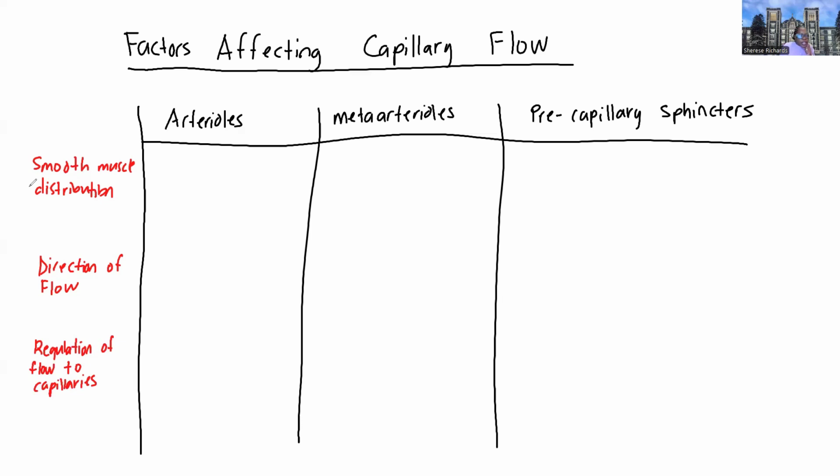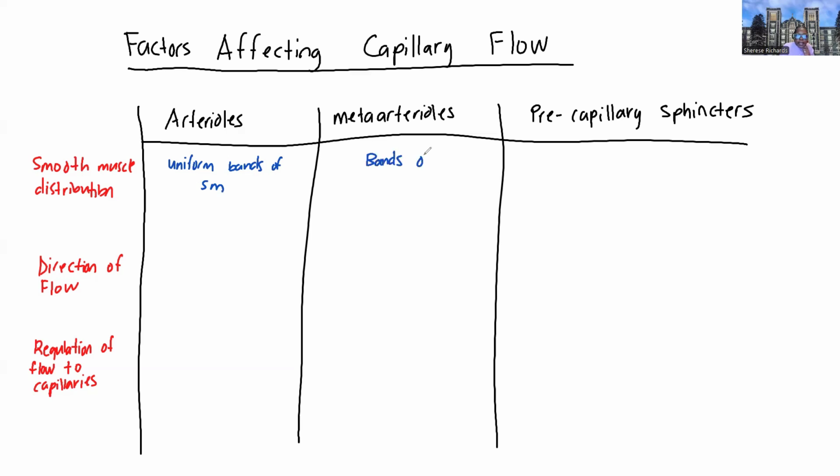All right, so with arterioles, the bands of smooth muscle here are uniform distributions of smooth muscle, right? So uniform bands of smooth muscle. With meta-arterioles, they're also bands, but they're not uniform.